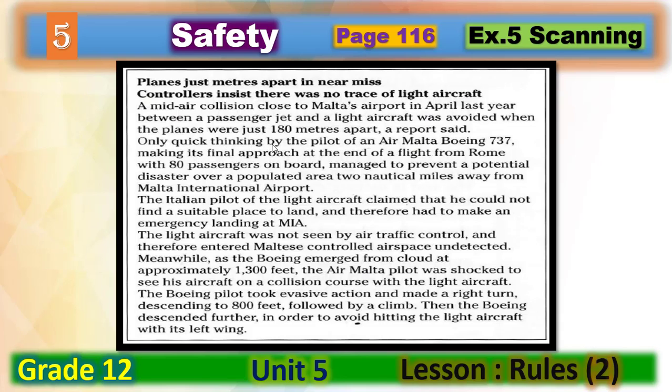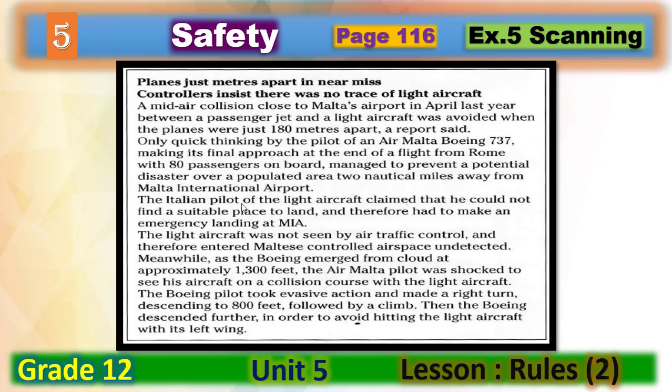only quick thinking by the pilot of an Air Malta Boeing 737, making its final approach at the end of a flight from Rome with 80 passengers on board, managed to prevent a potential disaster over a populated area 2 nautical miles away from Malta International Airport.